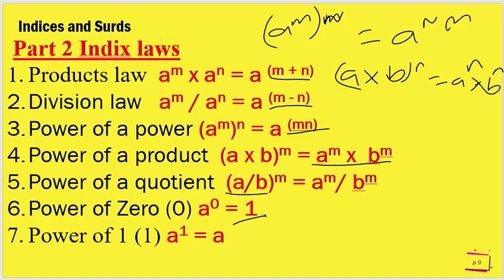Power of 1, so any number raised to power 1 is just equal to itself. So if you have 5 power 1, then that's just 5. So these are the rows of indices that we will use in the exercise that follows.